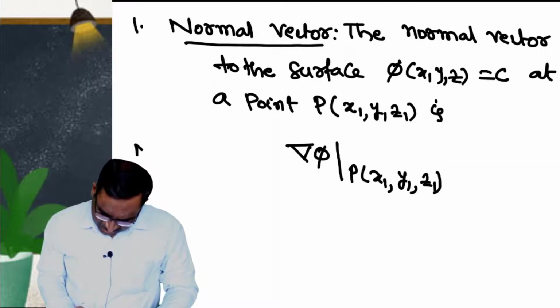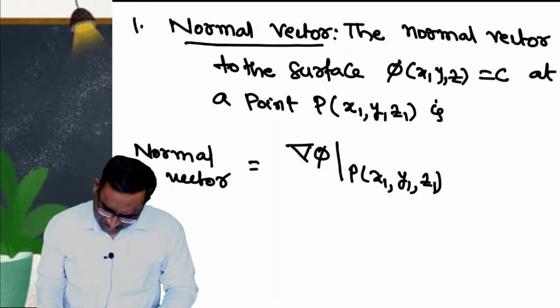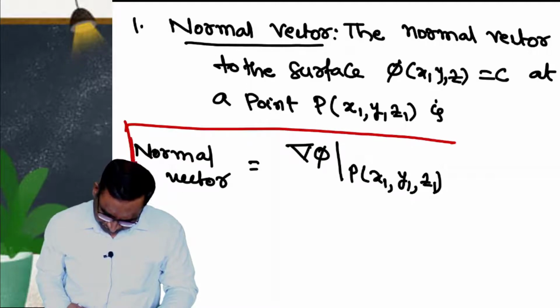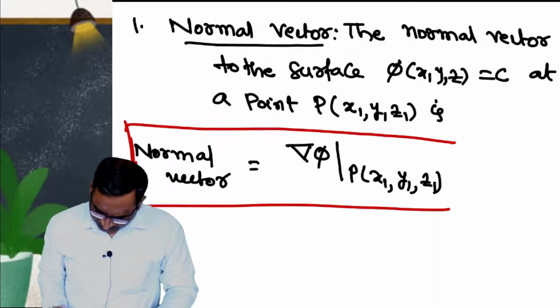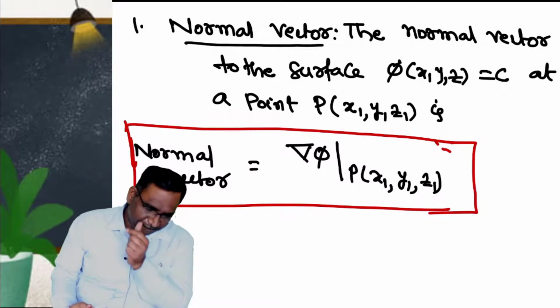This is the normal vector. So this is the first definition.